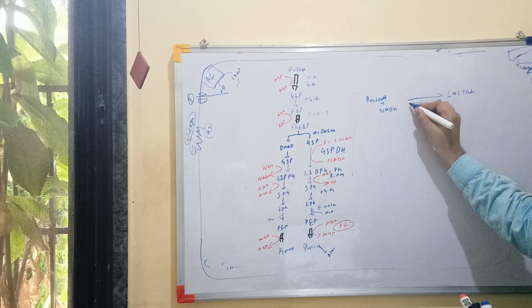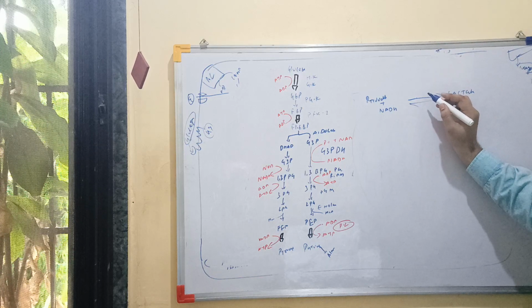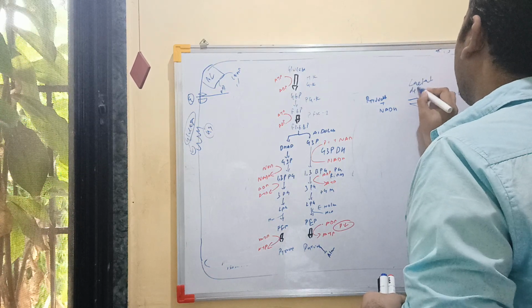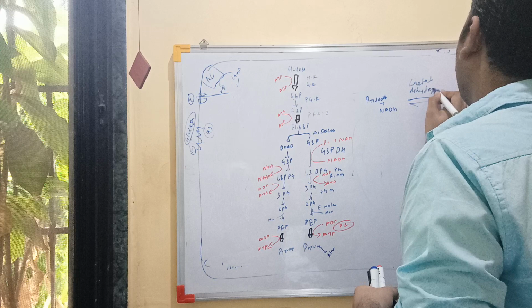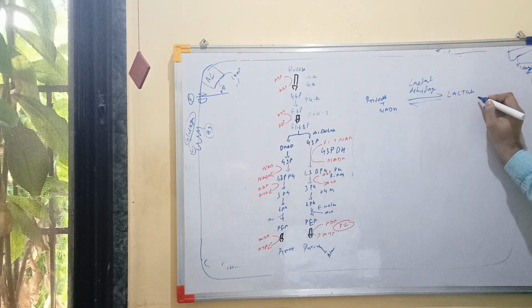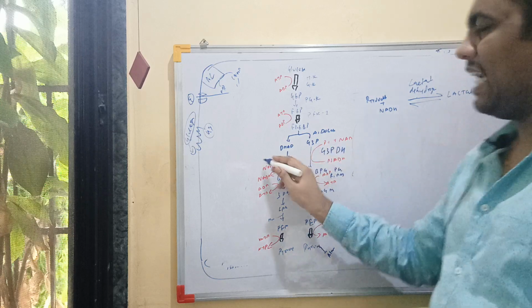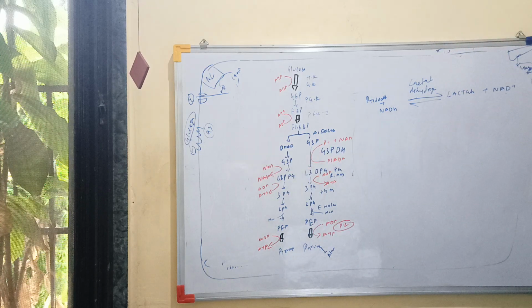And of course this reaction is reversible. The enzyme here is lactate dehydrogenase. This gives lactate plus NAD, and this NAD is utilized over in the glycolysis step.